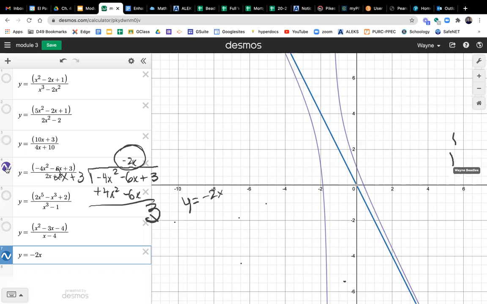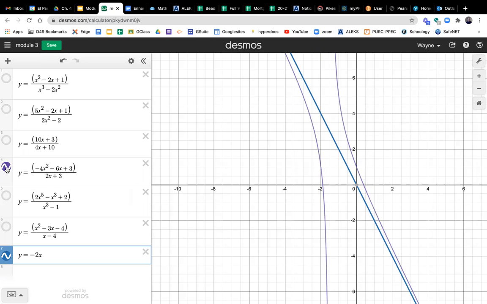So whenever there's only one difference between the degrees, the powers, then you're going to have an oblique asymptote, and you need to divide them.